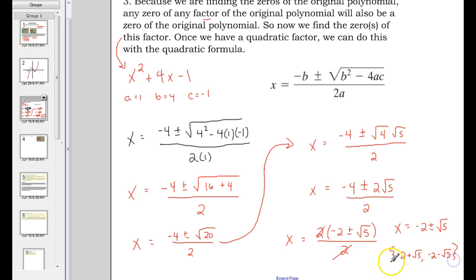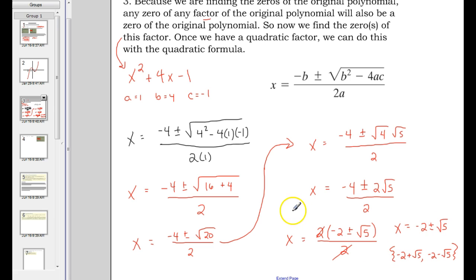The plus and minus is because when you have the quadratic formula, these last 2 zeros are going to be the same distance away from this number, negative 4 over 2. So there's the negative 2, and we add square root of 5. There's negative 2, we subtract square root of 5. So that's what that plus minus means. You actually have 2 more zeros here.